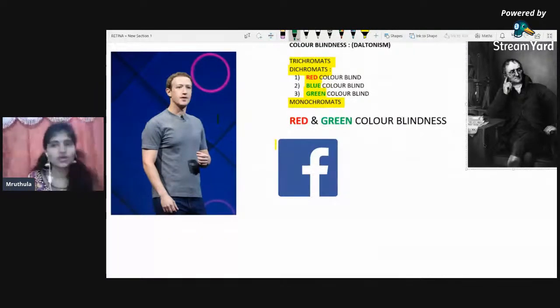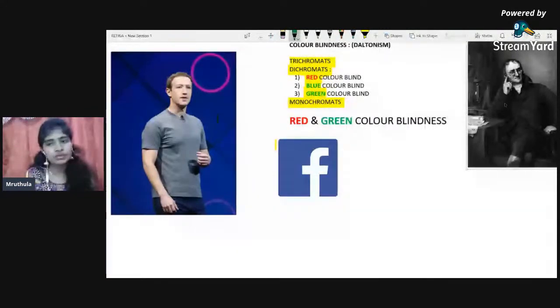John Dalton is a very famous physicist as well as a chemist. He has done some work in biology as well. We would have studied about him in school days, right? This John Dalton also had color blindness, so Daltonism is named after him, after diagnosing it in Dalton. He was the first person having this.